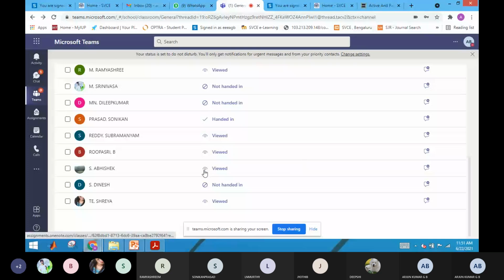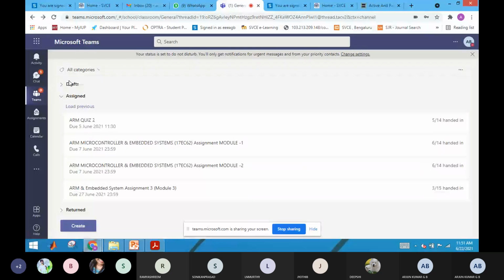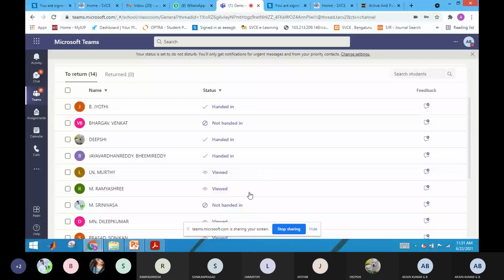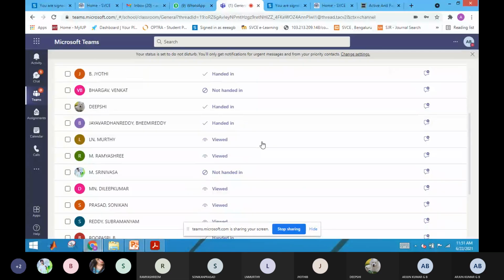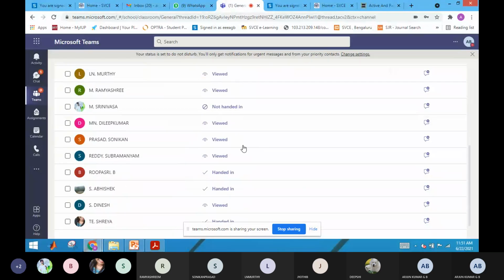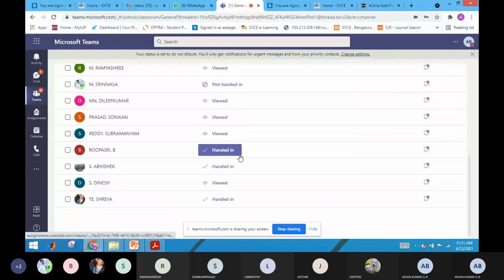Again, assignment 2. I will show that we can check it here. See, Elan Murthy has not submitted. Ramesh has not submitted. Again, Venkat Bhargava, Srinivas also has not submitted. Dilip Kumar, Sonika Reddy, Subramania Reddy, why are you not submitting the assignment?